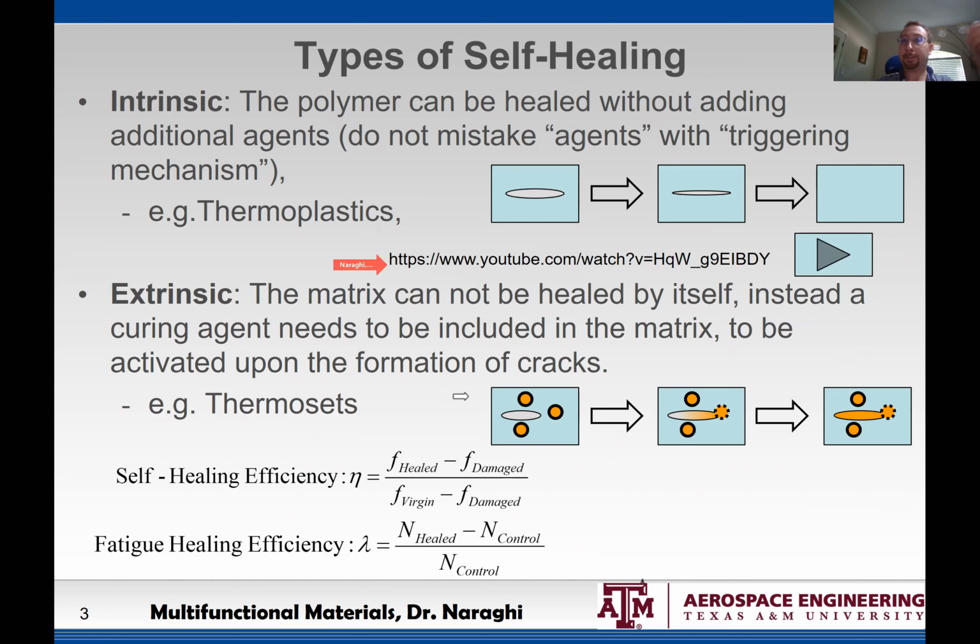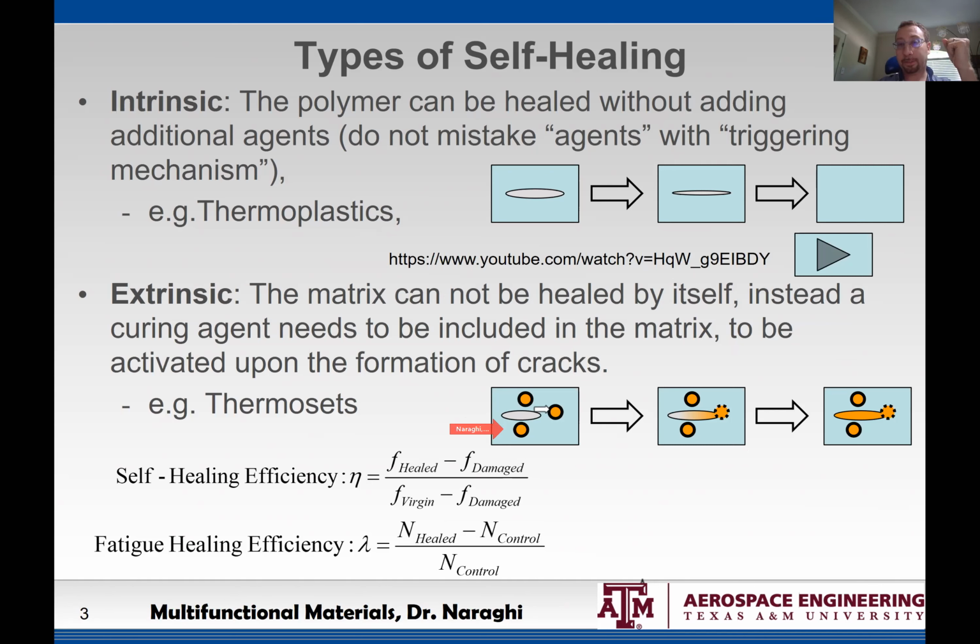But the extrinsic self-healing that I mentioned, which was pioneered by the group at the University of Illinois, is this: imagine you have a polymer like this that cannot heal by itself. But you add particles like that. The orange part, the inside, is a liquid that, if, for instance, it interacts with blue, turns into solid.